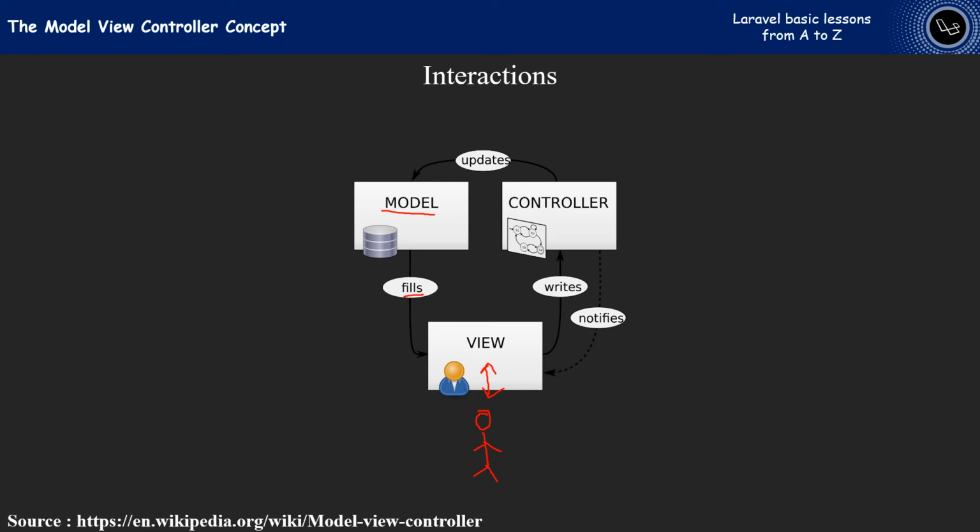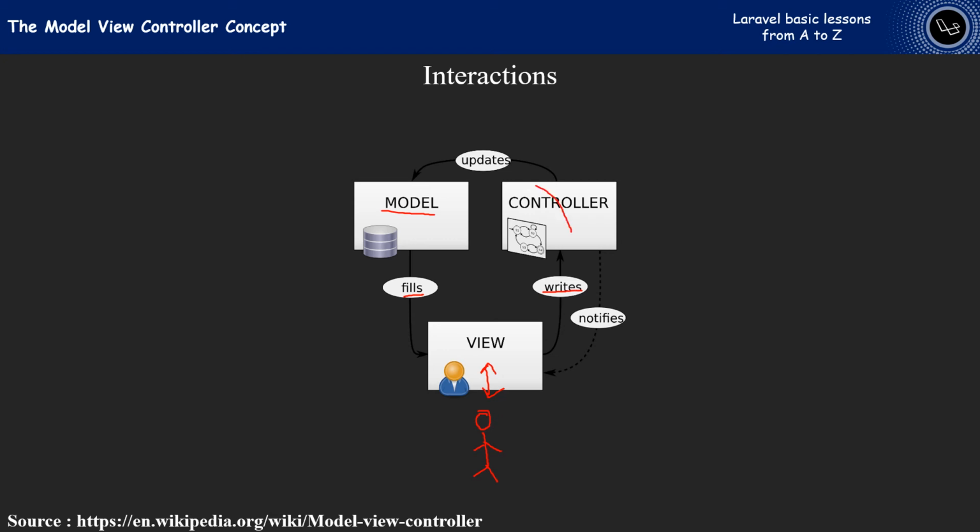And the model fills this information in our views. And if I want, for example, to save something in my database, what I'm going to do is write. As you can see here, the user, by using this view, cannot only see, but can also, for example, write, saving something to the database via the controller.